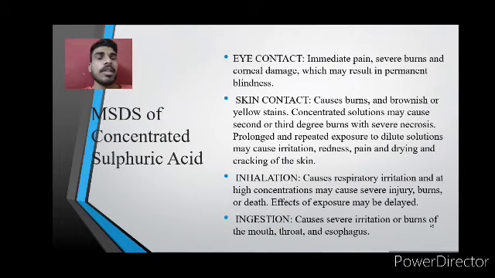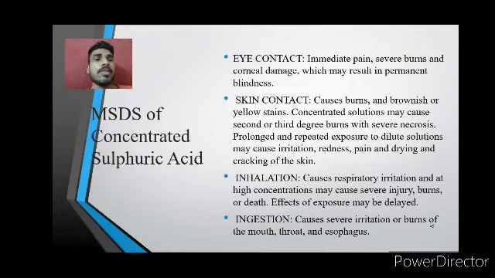The MSDS of concentrated sulfuric acid: when it comes in contact with the eye, it causes immediate pain, severe burns and corneal damage which may result in permanent blindness. Skin contact causes burns and a brownish or yellow stain. Concentrated solution may cause second or third degree burns with severe necrosis. Prolonged and repeated exposure to dilute solutions may cause irritation, redness, pain, and drying and cracking of the skin.